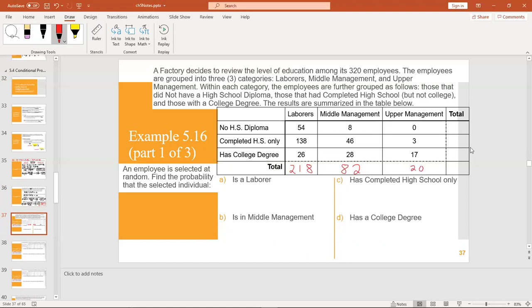Go the other way, 54 plus 8 plus 0, that is 62. Here we've got 138 plus 46 plus 3, that is 187. And then we've got, for this last one, 26 plus 28 plus 17.